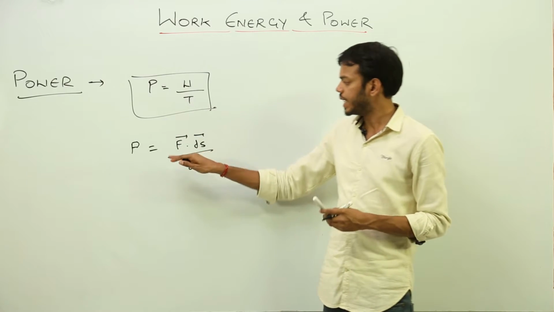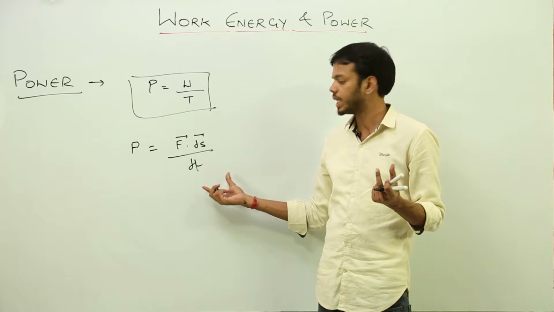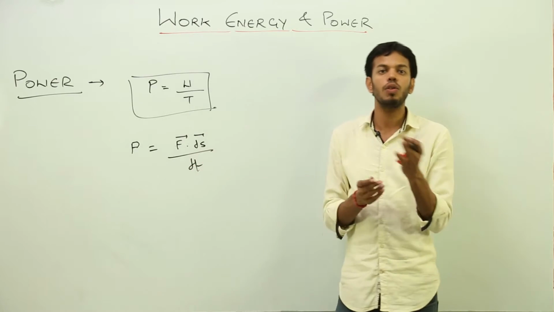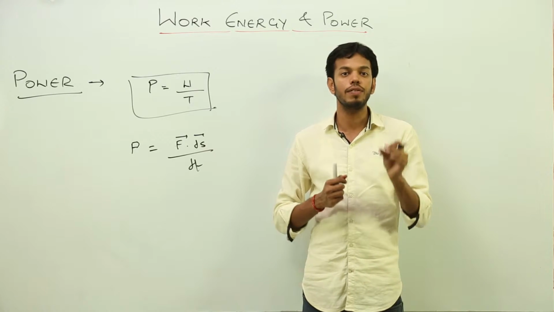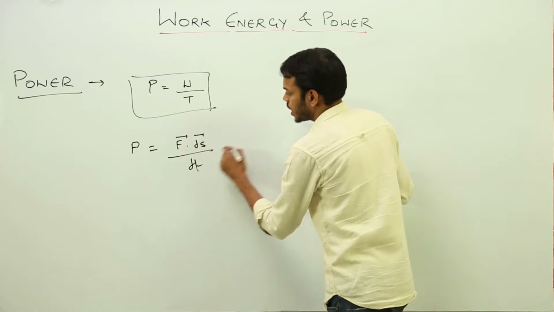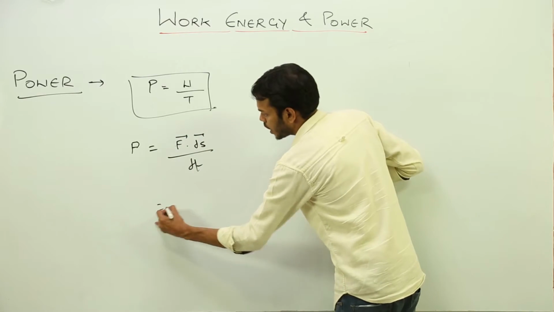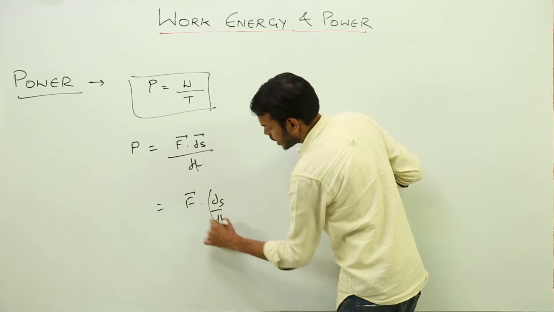This is the instantaneous value of work done in a very small time interval dt. That is how we calculate the instantaneous value: a very small value of work done in a very small interval of time. So F dot ds upon dt.